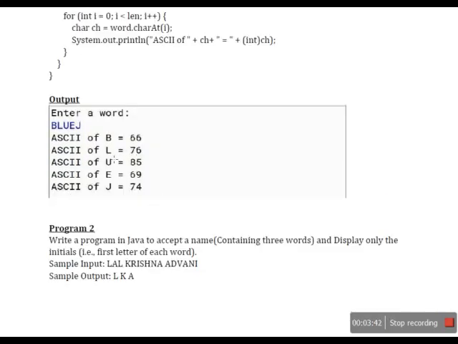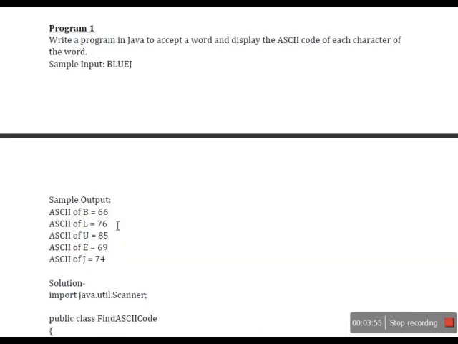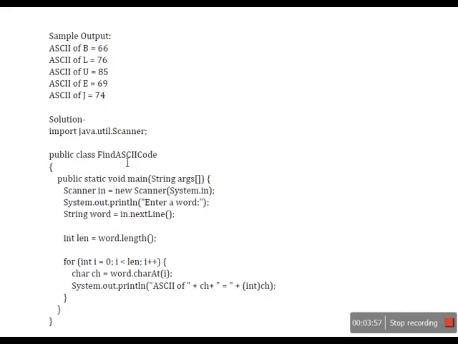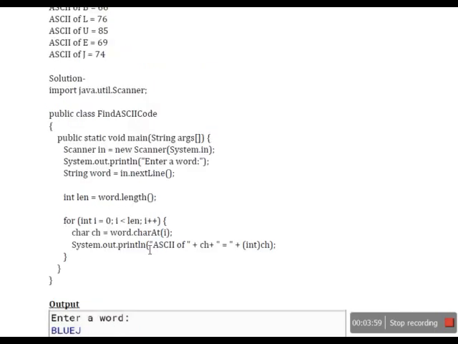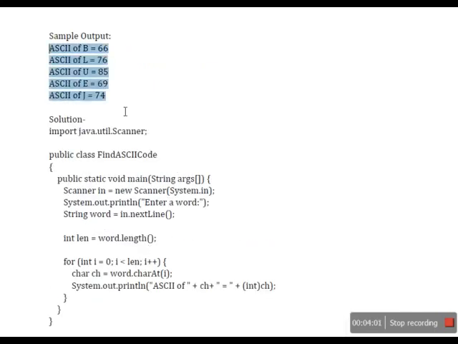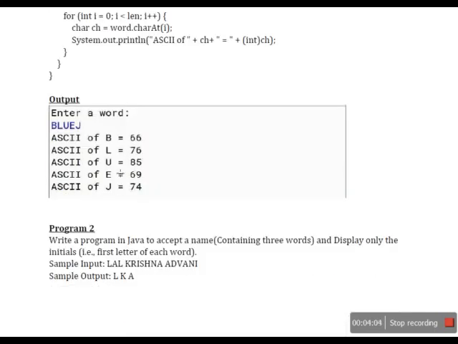So for B it is 66, for L it is 76, for U it is 85, for E it is 69, and at last for J it is equal to 74. So this is how we get the desired output. You can see that this output is needed, and we have got it over here.